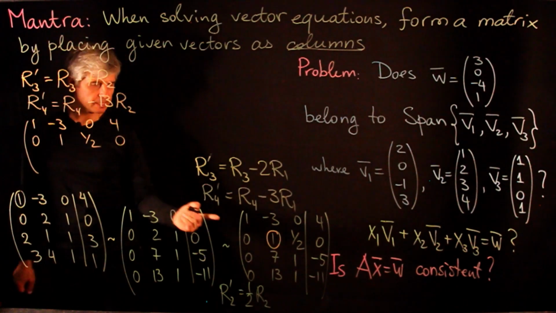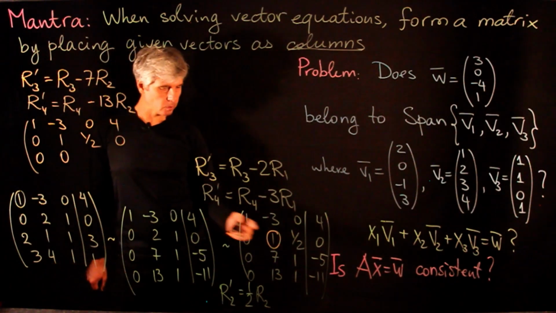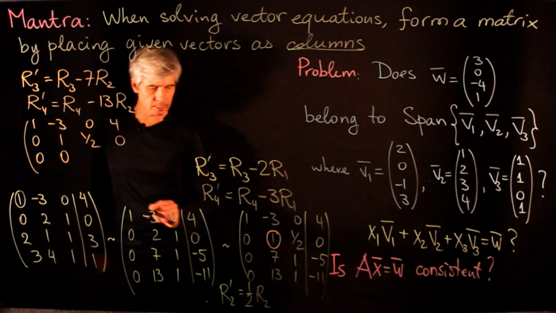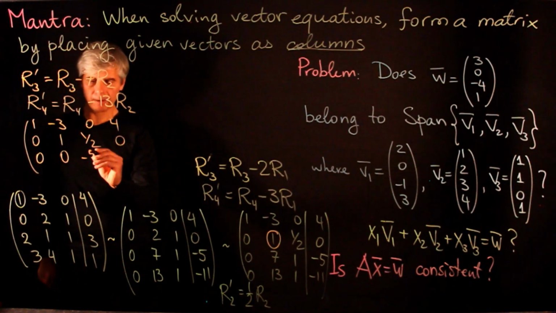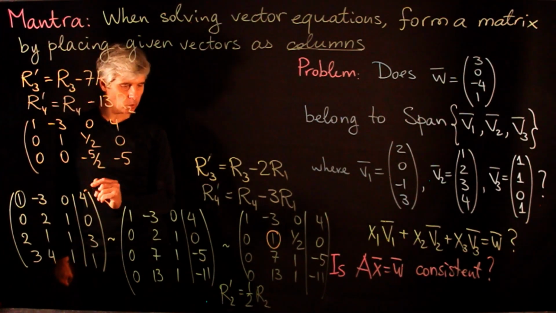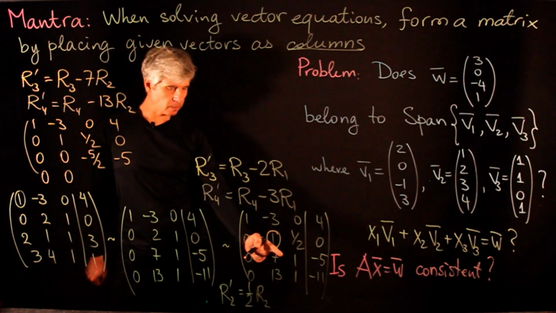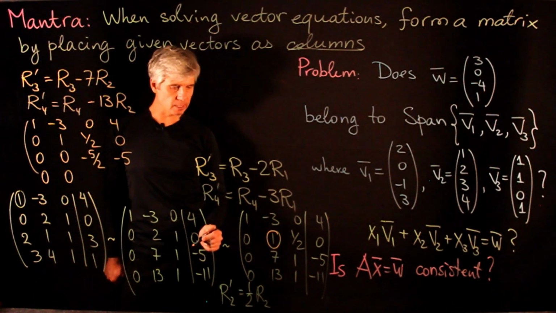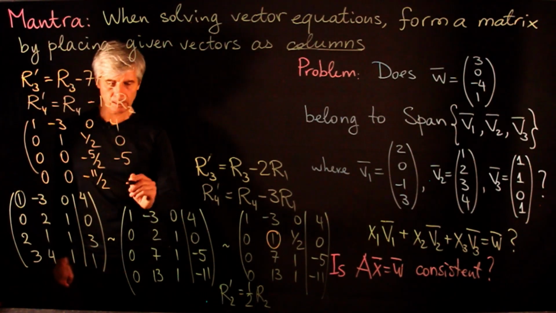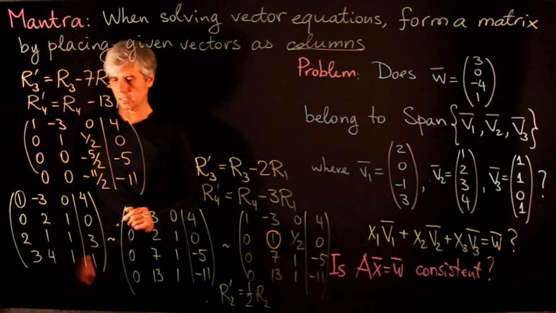Then we subtract 7 times row 2, so we get 0 here. So we have 1 minus 7/2, that's -5/2. And here we get -5. And in the last row, we have 0, 0. So then 1 minus 13/2, that's minus 11/2. And we have minus 11 on the right-hand side. So this is the matrix.